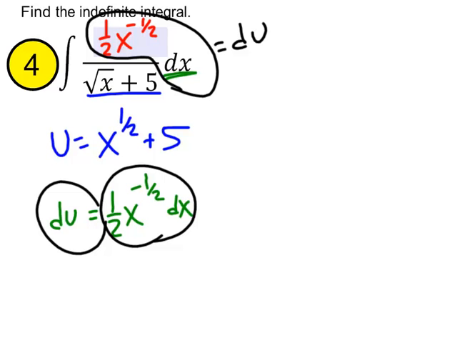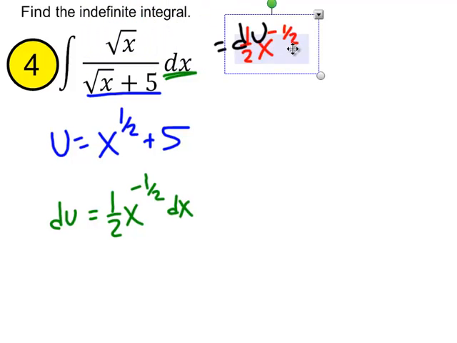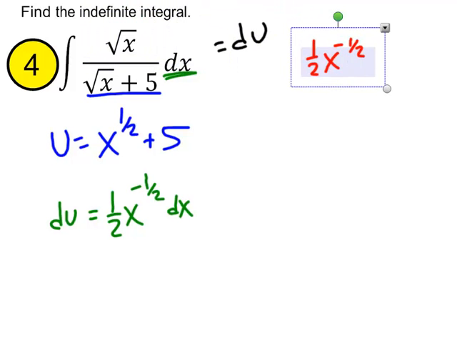So look out for that in some problems. That does pop up sometimes where you don't need to get rid of all this stuff on the right-hand side of the equation. However, it doesn't really help us out in this particular problem. We don't have a 1/2 x to the negative 1/2 in the numerator. We've got an x to the positive 1/2 in the numerator. Felt like we were close there for a second, didn't it?